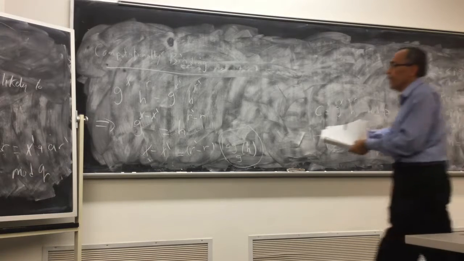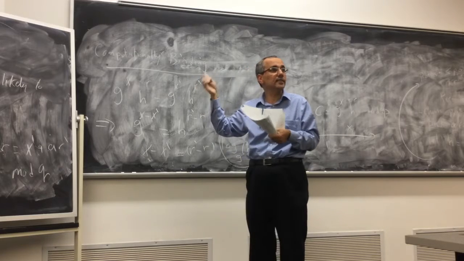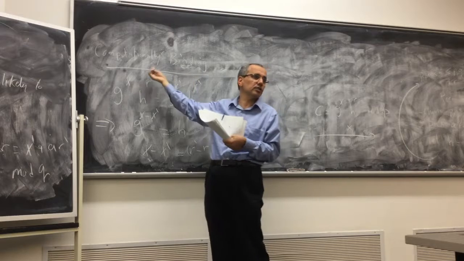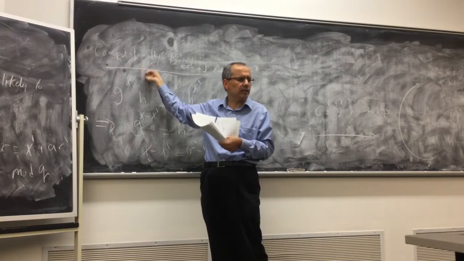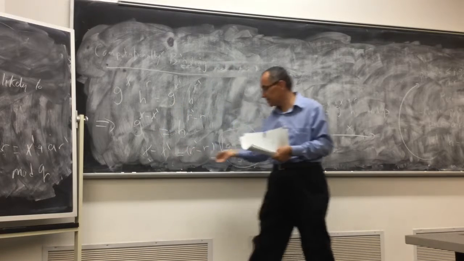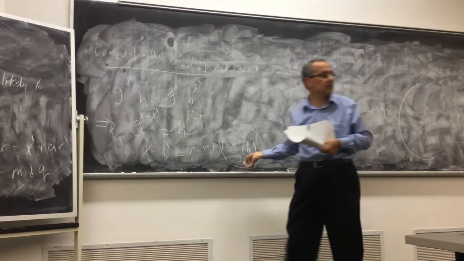So in here I proved that this scheme is computationally binding, which means that this property cannot be broken by a computationally bounded adversary. Because if it can be broken, it means that I can use this person who is able to break it to solve a discrete log problem.